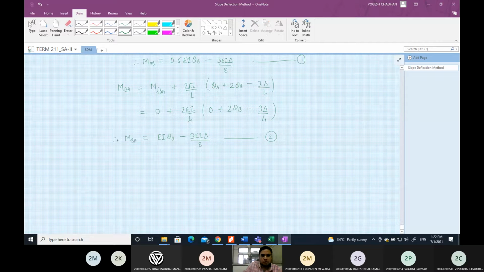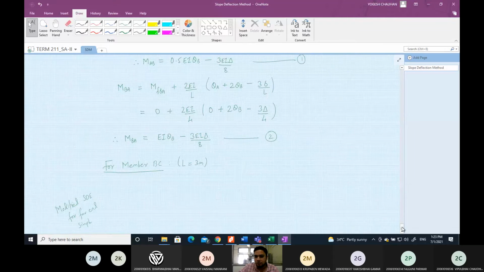This is MBA. Now for the second member, for member BC, the length of the member is 3 meter, and here we will use the modified slope deflection equation for far end simple, because your support C is a roller support.